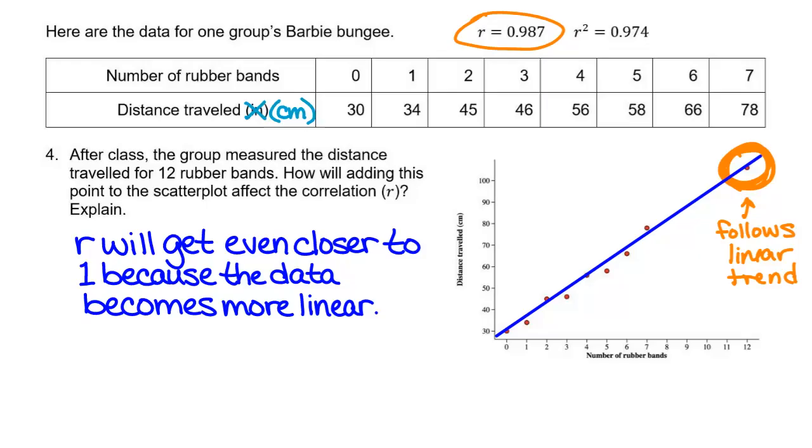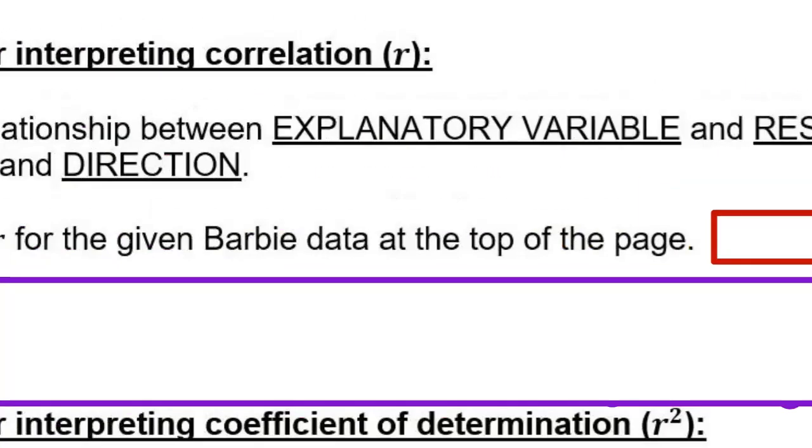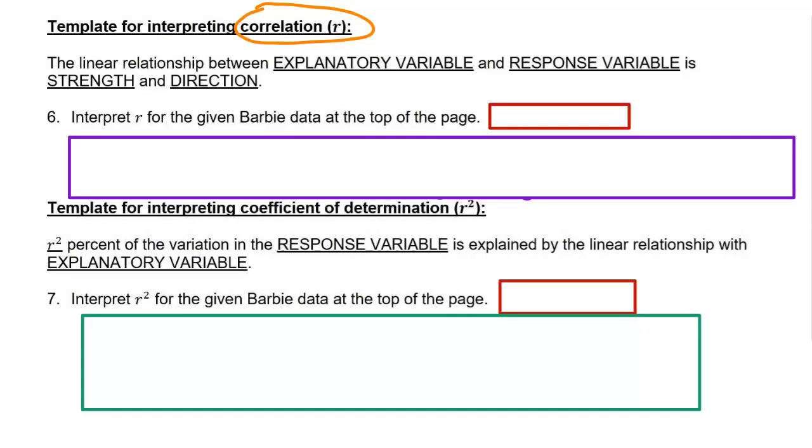All right. Let's look at interpreting R, and we're going to talk about R squared now too. Template for interpreting the correlation. If you are asked to interpret the correlation or to interpret R, the sentence frame that we're going to use for that is the linear relationship.